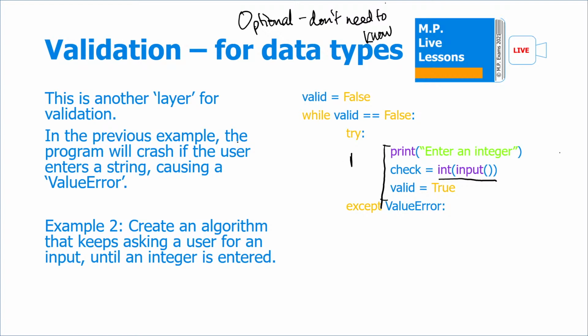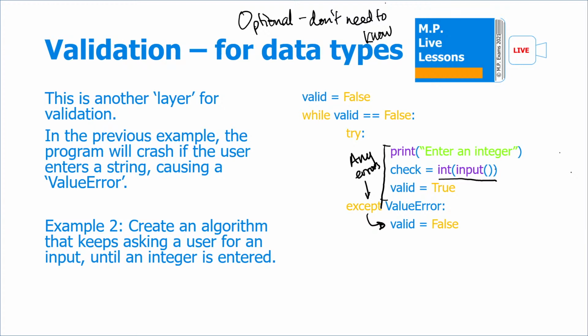so if there are any errors, it will go down to this here and then run the instructions here. So for example, if a string is inputted, then an error will occur. This code will stop here and go to the except value error bit.